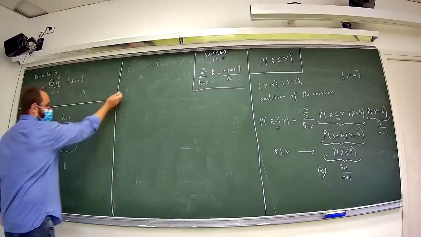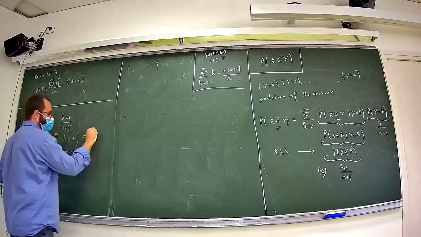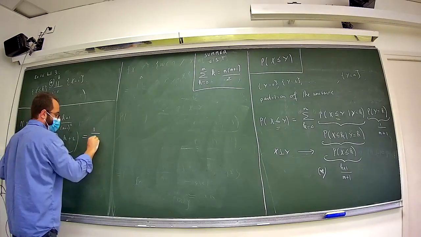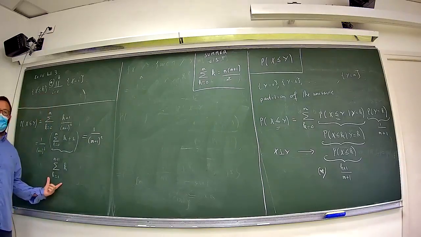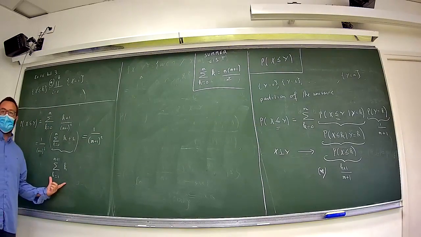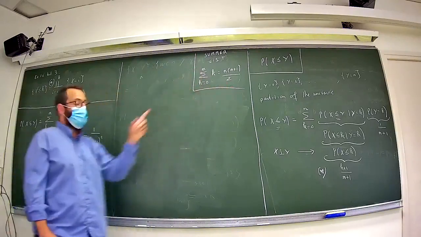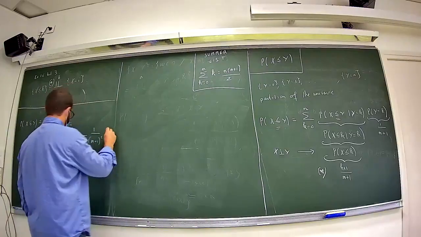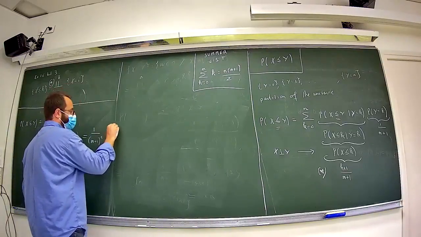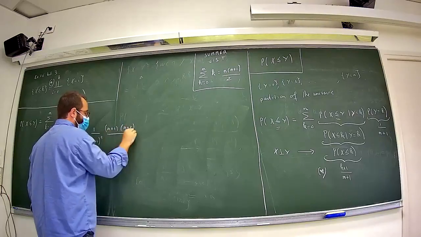So if I continue here, I obtain what? The first term here, that is 1 over n plus 1 squared. And this sum, I have just to replace in this expression n by n plus 1, and I obtain n plus 1 times n plus 2 over 2.